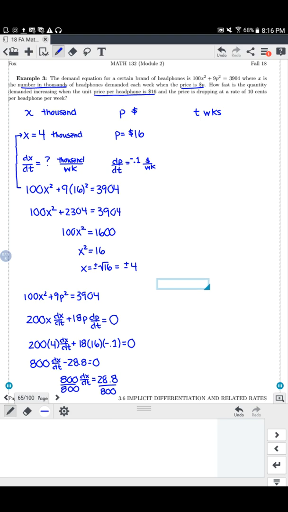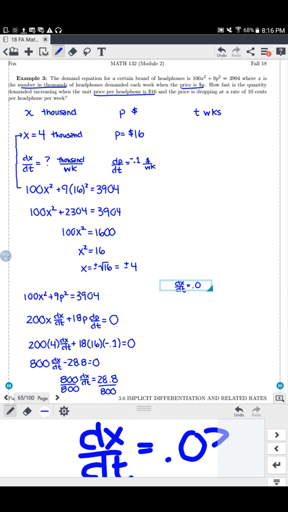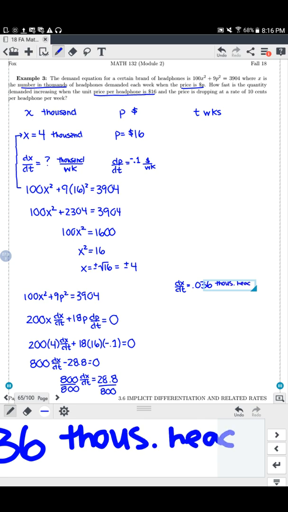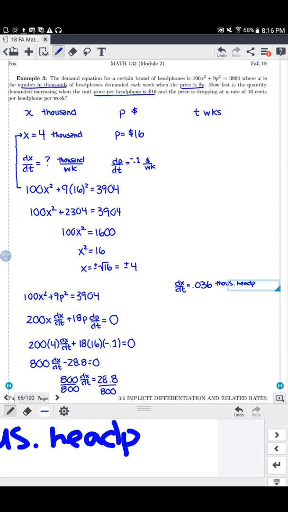So dx dt equals 28.8 divided by 800. That's about 0.036. And my units on that are 1,000 headphones per week.